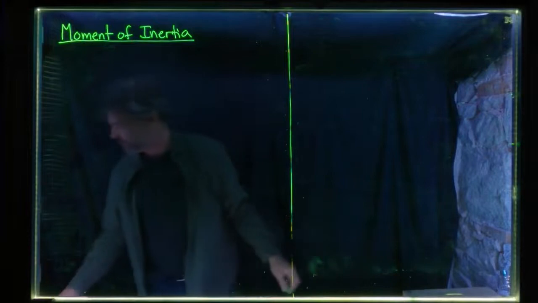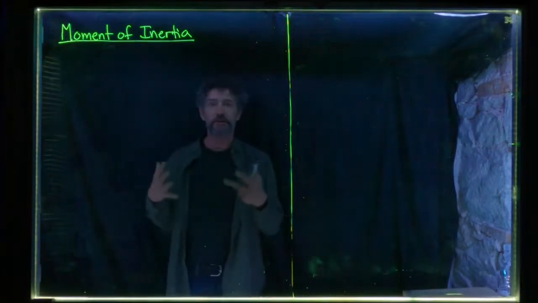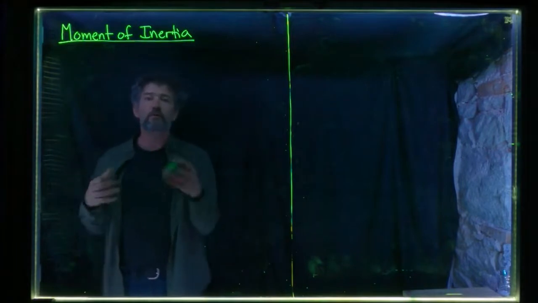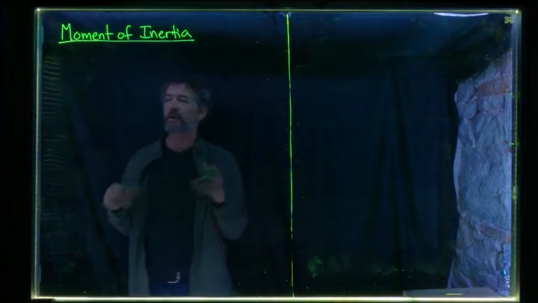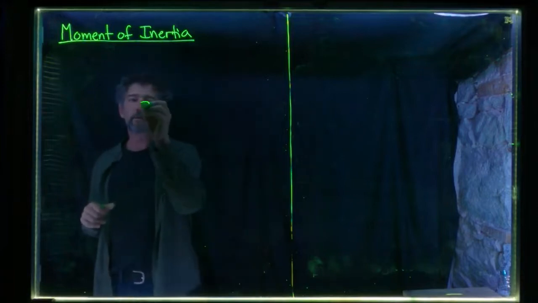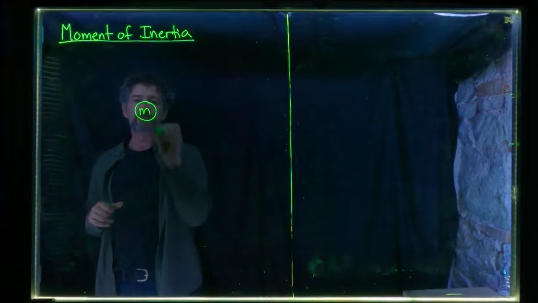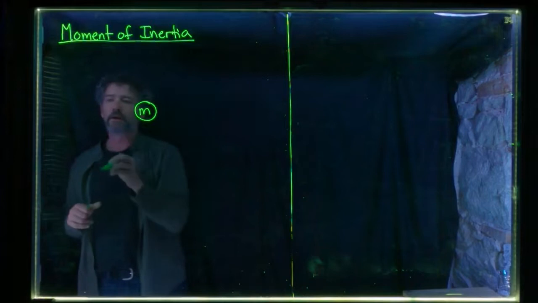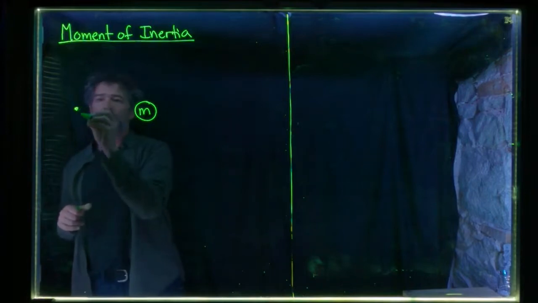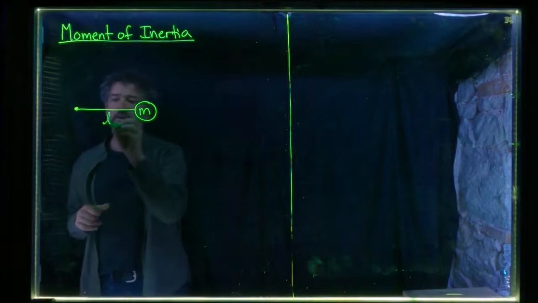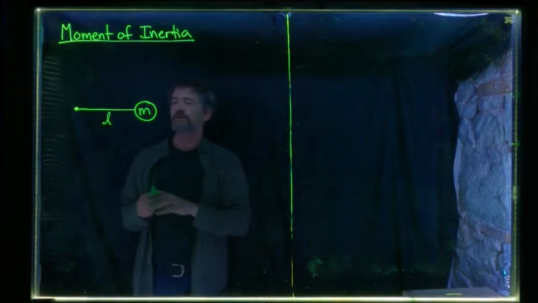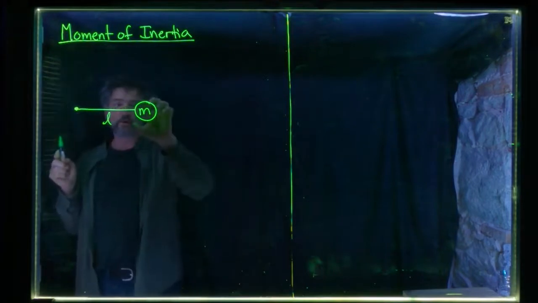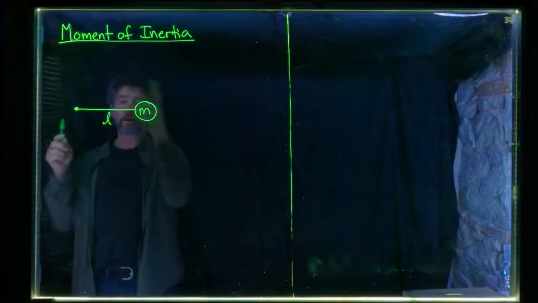Okay, so what we'll do is start with the simplest possible example of a rigid body. That's this elemental rigid body that we talked about before, from which all rigid bodies can be constructed. And that's a point mass. This doesn't look like a point mass, but always think of these masses that we're drawing as point masses, of mass m, connected to a pivot point with a massless rigid rod of length L. So this super simple rigid body can be rotating like this, it could be rotating like this, it could be rotating about any axis.